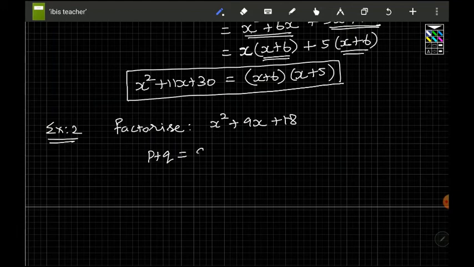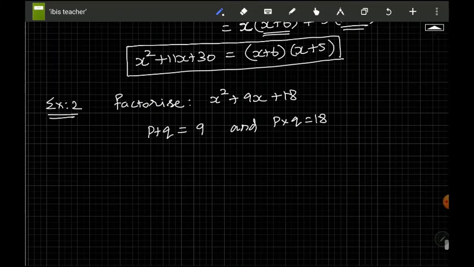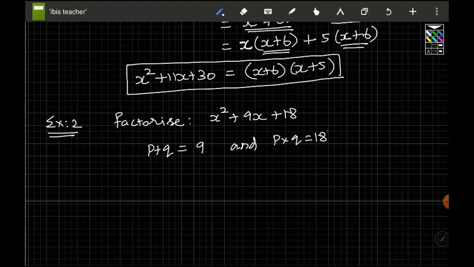P plus q should be 9 and p into q should be 18. So in how many ways can you write 18 so that the sum of those two factors equals 9? You can write 18 as 18 into 1 or 9 into 2 or 6 into 3 and so on, right?